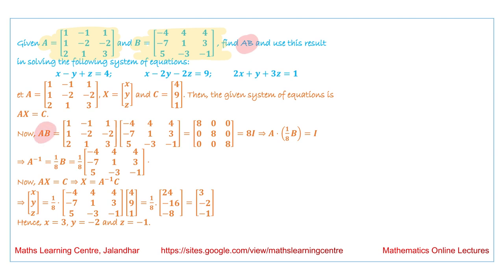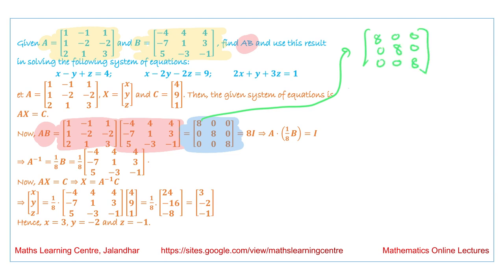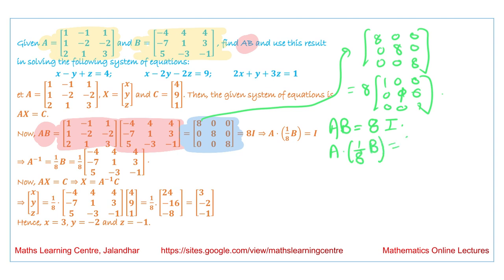If we multiply both these matrices, we obtain the answer 8, 0, 0, 0, 8, 0, 0, 0, 8, and this is equal to 8 into the matrix 1, 0, 0, 0, 1, 0, 0, 0, 1. So A into B is equal to 8 times I. So A into 1 by 8 times B is equal to I.